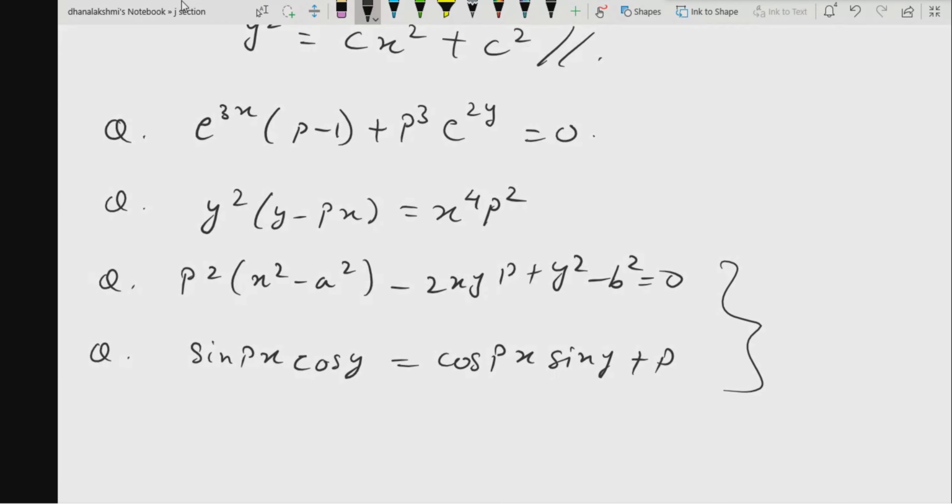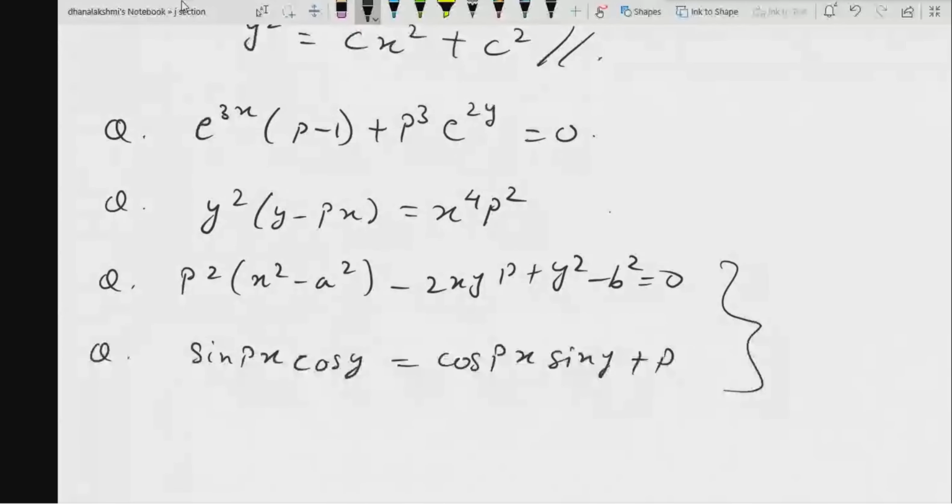So for these two, substitutions are not required. Directly you can write in Clairaut's form with some changes. No transformation required for the last two questions. For the first two, you can solve it directly, or you can convert this into Clairaut's form.